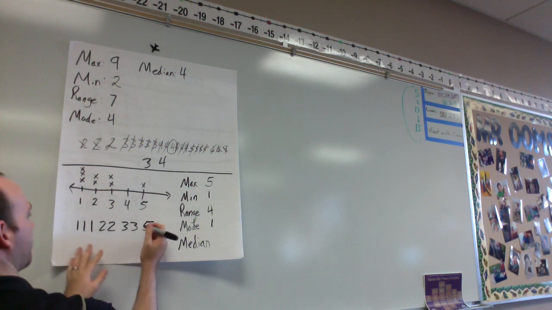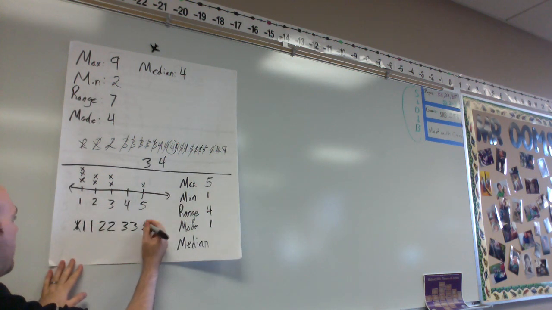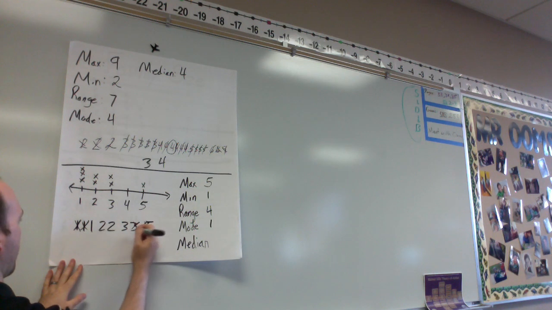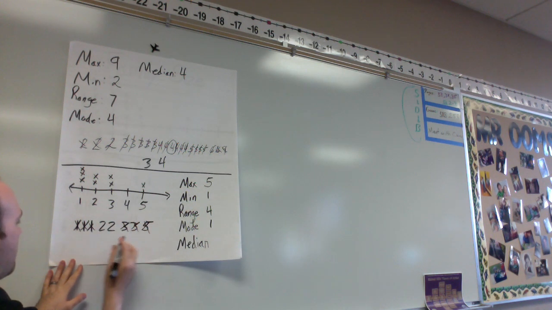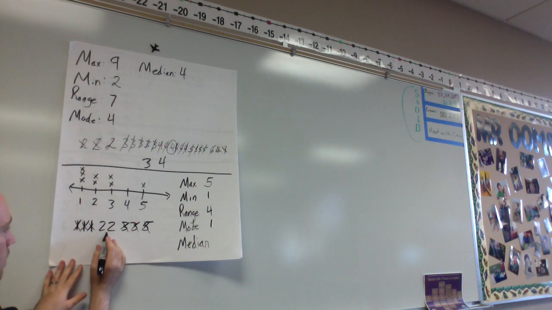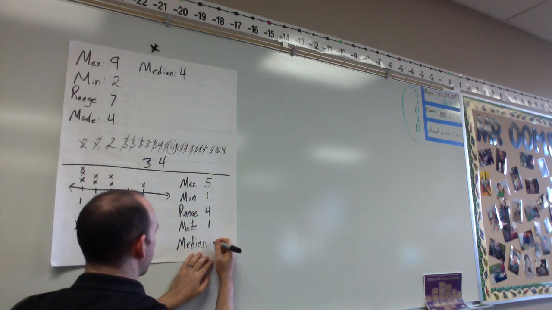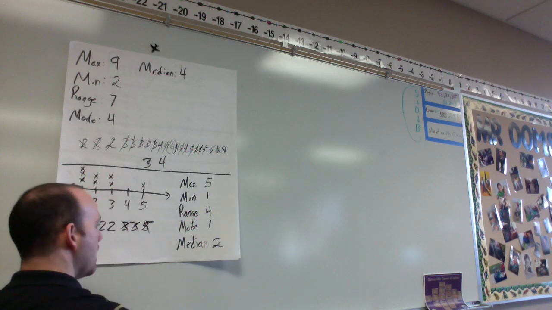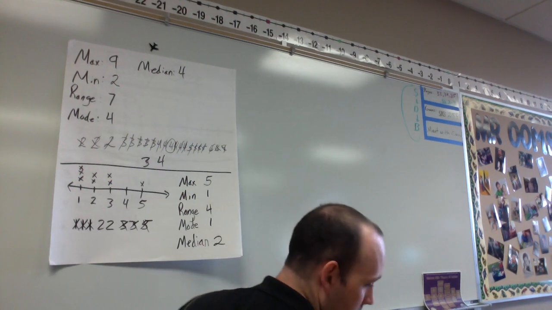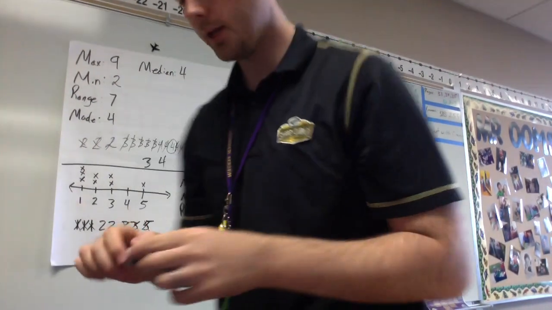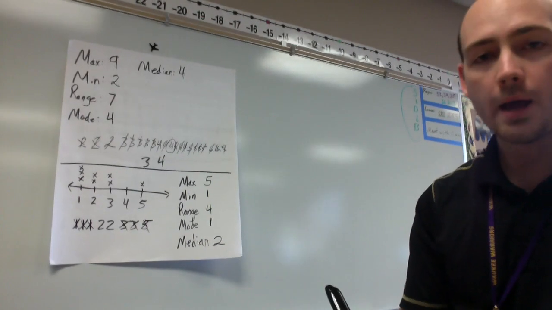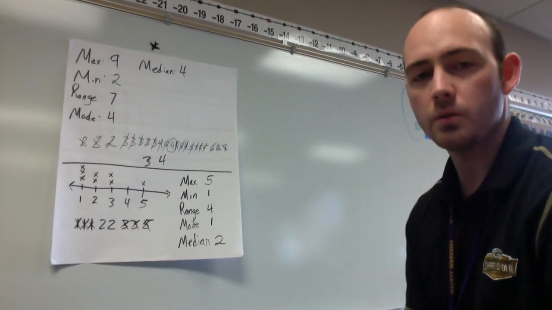I'm just going to cross them out from here and here. Here, here. That one, that one. I'm left with 2 2s. What's between 2 and 2? Well, they're the same number, so our median is just going to be a 2 in this case. So hopefully those are the answers that you got as well. If not, maybe go back, try to rework it, see what you did wrong.